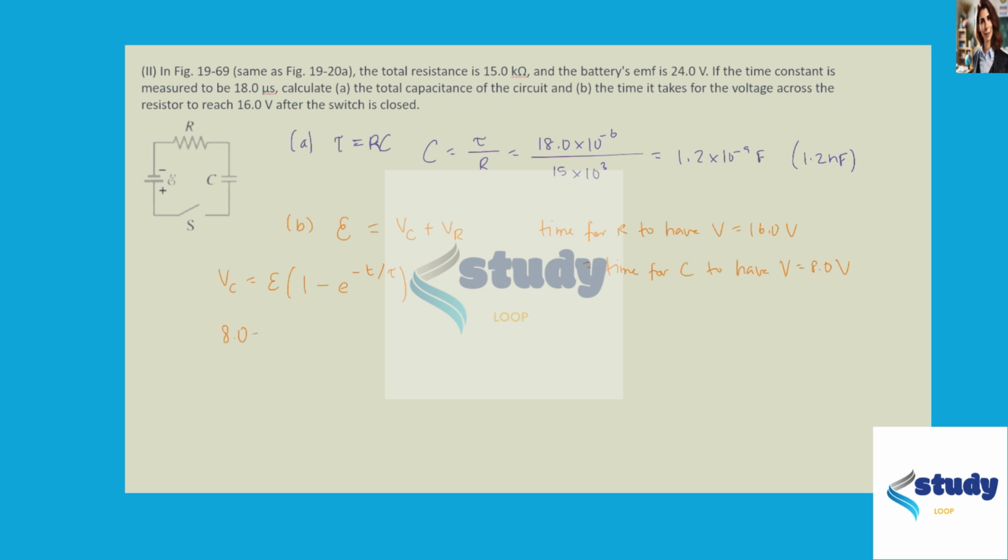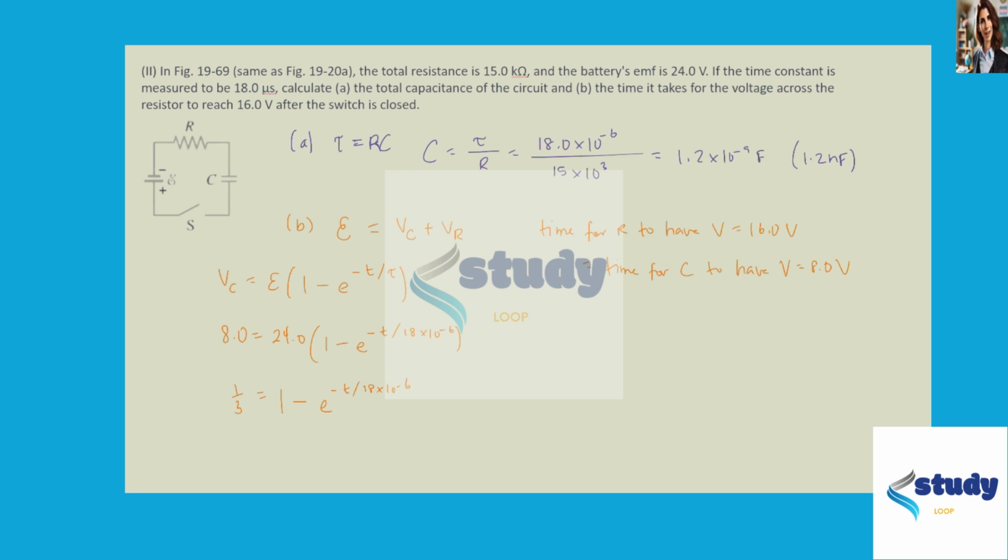So we need 8.0 equals 24.0 times the quantity 1 minus e to the negative t over 18 times 10 to the minus 6. So that gives me 1/3 equals 1 minus e to the negative t over 18 times 10 to the minus 6.